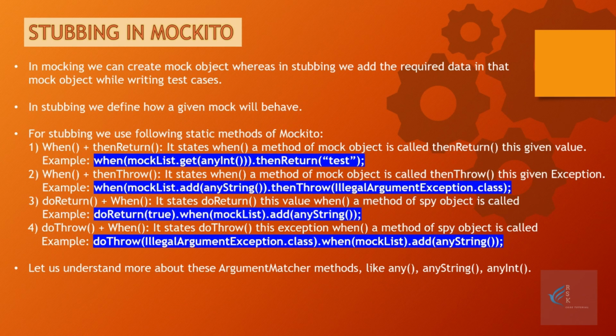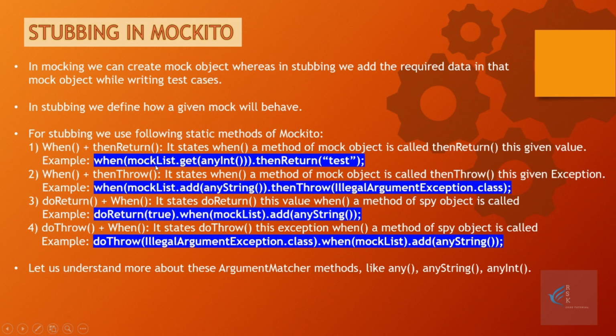For stubbing, we have the following static methods of Mockito. These are the when-then formulas in Mockito. The first formula is when-thenReturn. It states that when a method of a mock object is called, then return this given value. For example, mockList is the mock object which we defined in our mock video.